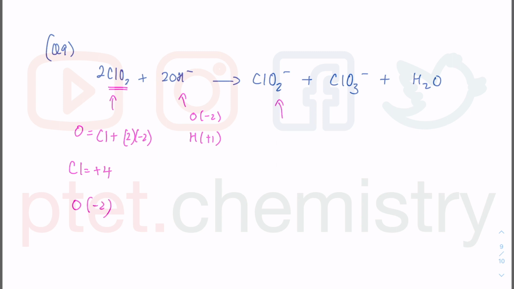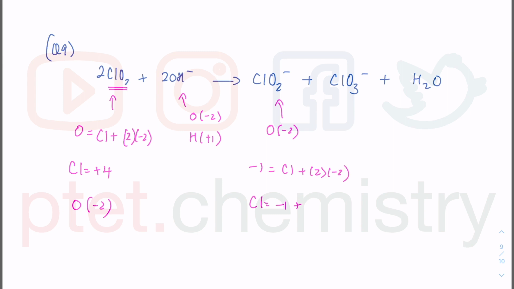And we have an ion here. This is no longer ClO2, it's ClO2 minus. So the oxidation state of the oxygen is -2, which means if I have -1 as the overall oxidation state because it's an ion, that equals chlorine plus 2 times -2. Nope, that's not correct because each oxygen is -2.